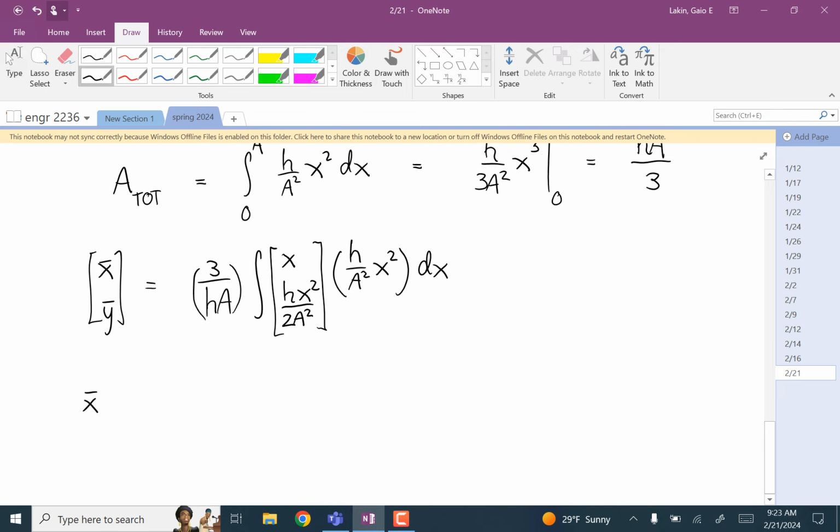So x bar is equal to 3 over HA times the integral. Oh, I didn't do the bounds, but we're doing this in terms of x, so this is going to be from 0 to a. So integral from 0 to a of h over a squared x to the third dx. Everyone with me on that?